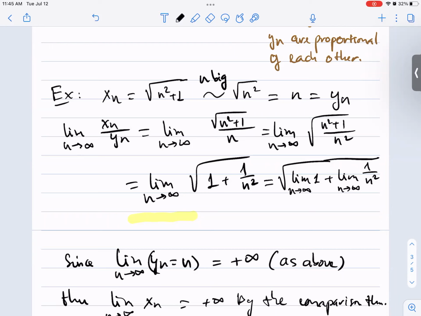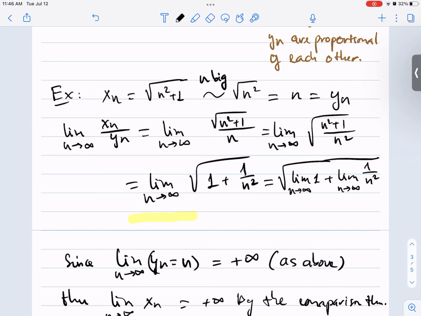So we consider two sequences, xn equal to the square root of n squared plus 1 and yn equal to n. And we consider the ratio of xn divided by yn and take the limit. The limit here is going to be equal to the square root of n squared plus 1 divided by n, which by algebraic manipulation equals the square root of 1 plus 1 over n squared.